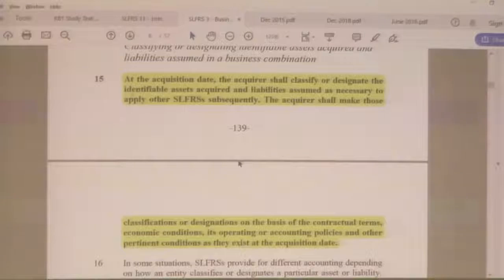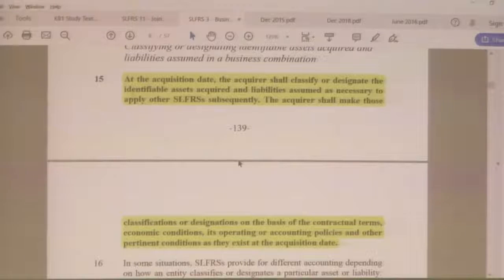So we have discussed scope, who is the acquirer, acquisition date, measurement principle, and what is a business. At the acquisition date, the acquirer shall classify or designate the identifiable assets acquired and liabilities assumed as necessary to apply SLFRS.